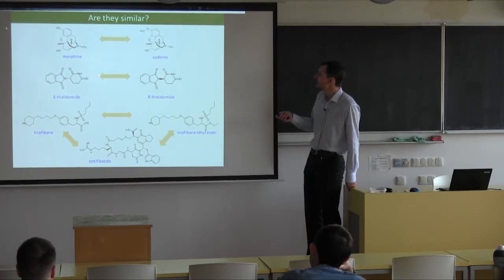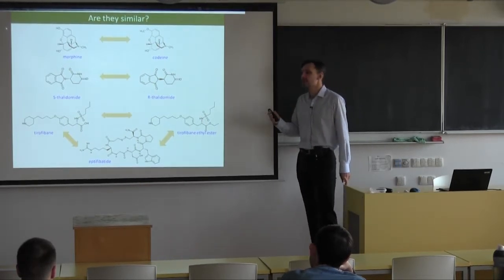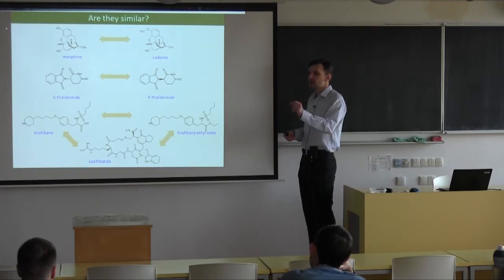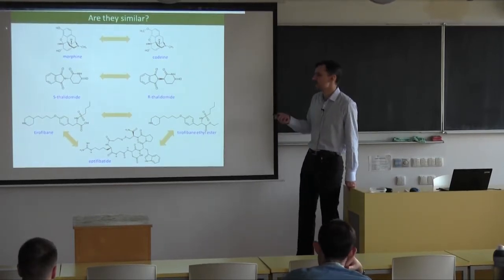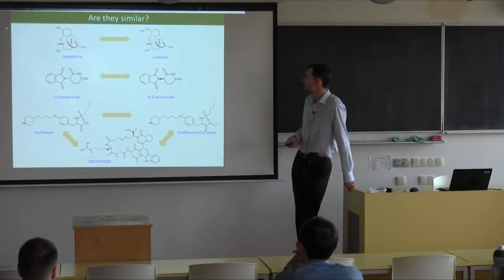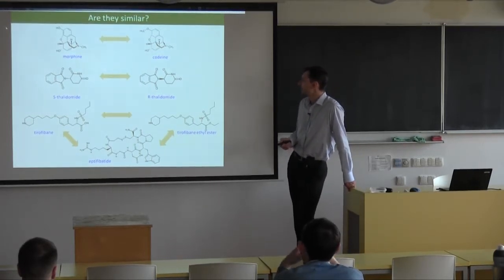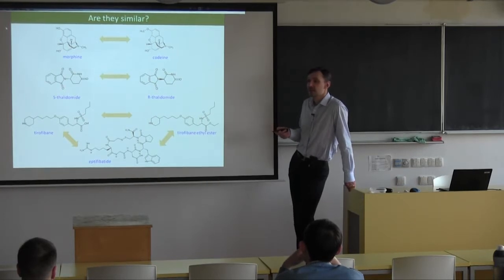Actually, this compound racemizes very quickly. Even if you separate one enantiomer, it will quite quickly racemize in a human body, and you will have a racemic mixture. So one compound is like a drug, another like a poison.